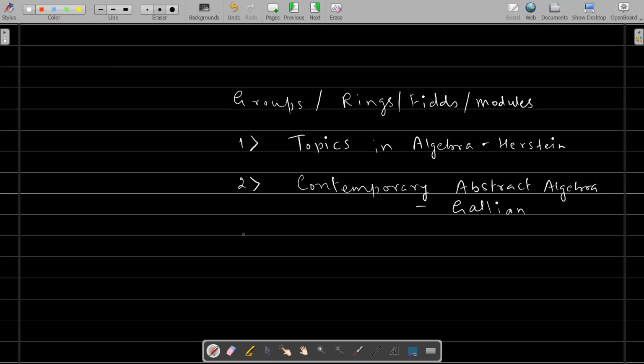And what we'll be covering in this course of 6 lectures is the following. Definition and various examples of groups. Then power of an element, and order of an element.